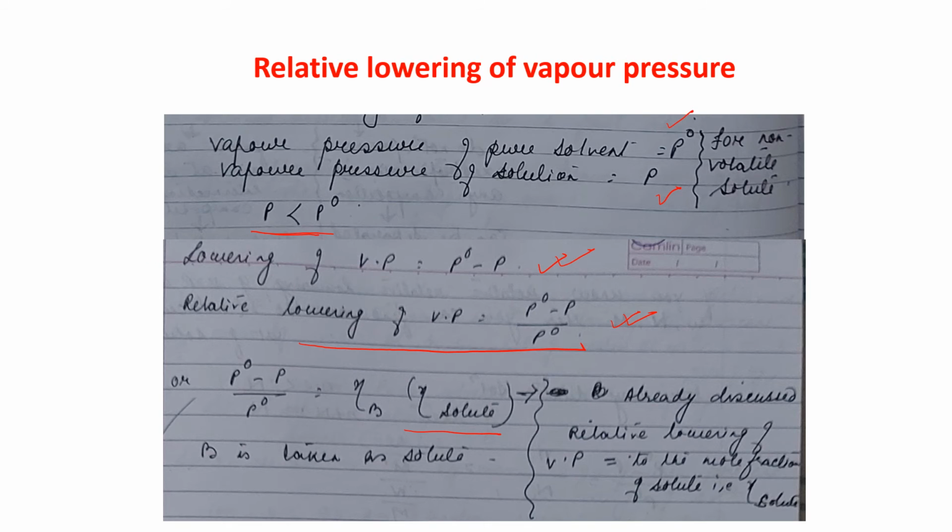We have already discussed this one, where B is taken as solute. So, relative lowering of vapor pressure is equal to the mole fraction of the solute, that is chi B.